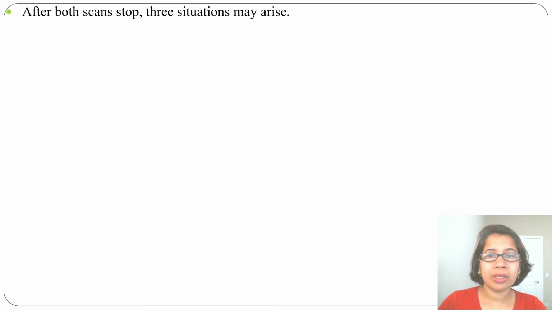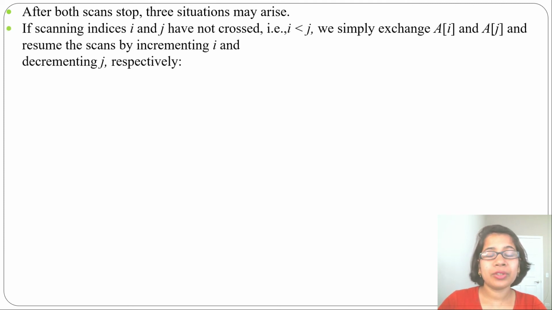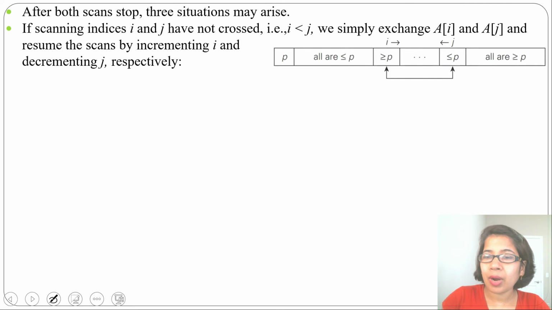First situation: if I has not crossed j, meaning I stopped before j, we simply exchange A of I with A of j and resume the scan by incrementing I and decrementing j. Here I stopped at a point where this element is greater than P, and here this element is less than P, so we swap A of I with A of j.